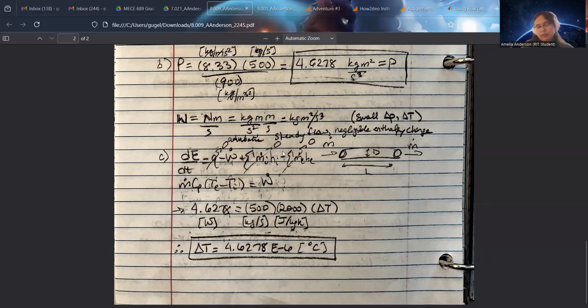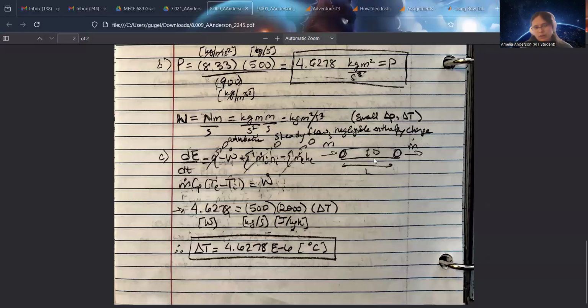It's steady flow that has no change in velocity or elevation, so we have no kinetic or potential energy terms. Our pressure drop is pretty minimal. Because we're assuming a small pressure drop and a small temperature change, I'm just going to say we've got a negligible enthalpy change because there's also no phase change.